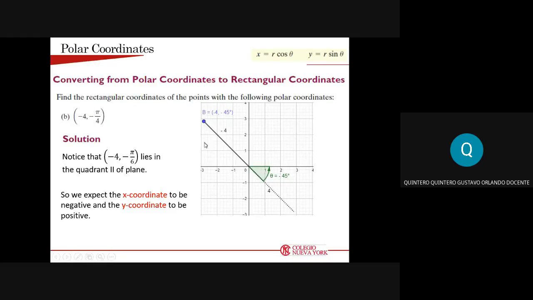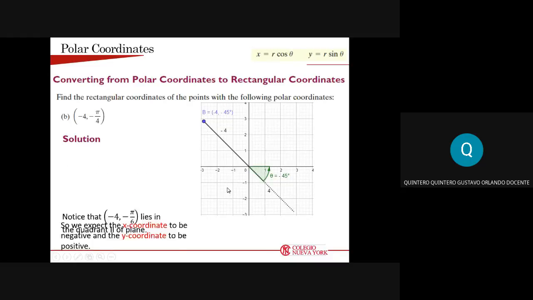Actually, I can see that the value of x is negative 2 point something, 2.9, 2.8, something really close to negative 3. Same here. The value of y is 2 point something, maybe 2.9, maybe 2.8, something really close to 3.